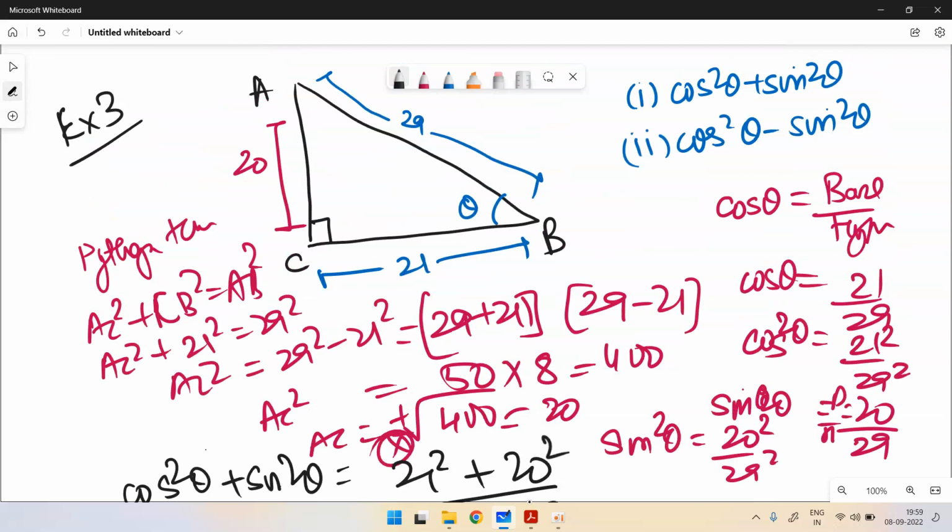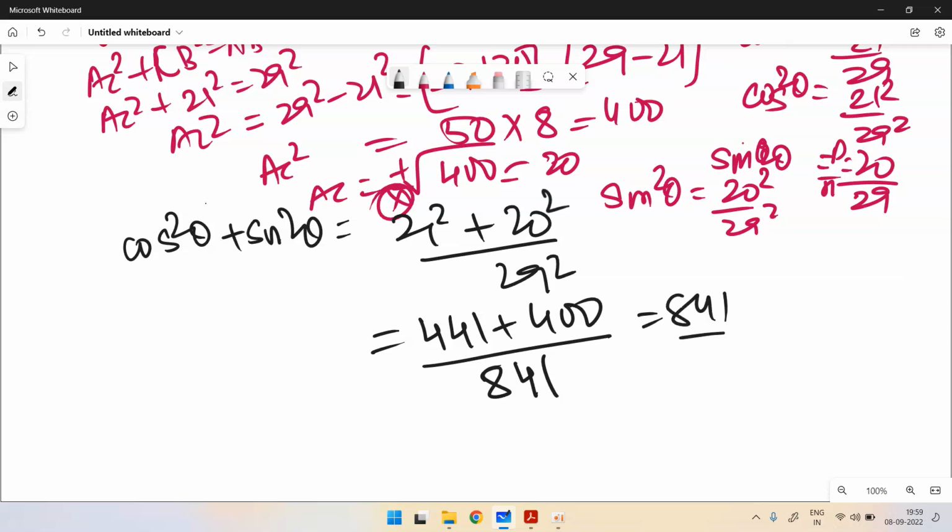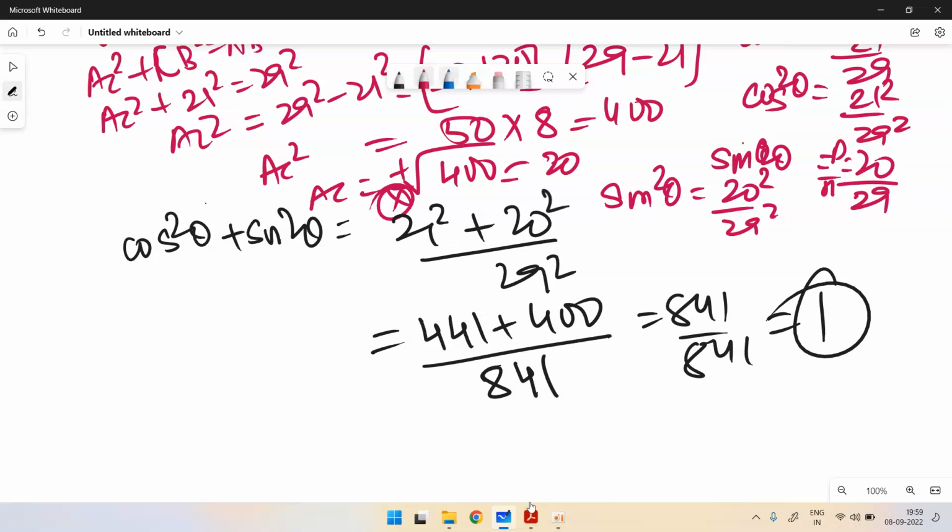If you expand, this is 441 plus 400 by 29 square, which is 841. So this is 841 by 841, which ultimately comes out to be 1. And you also know that cos square theta plus sin square theta is equal to 1. So here it gets proved.